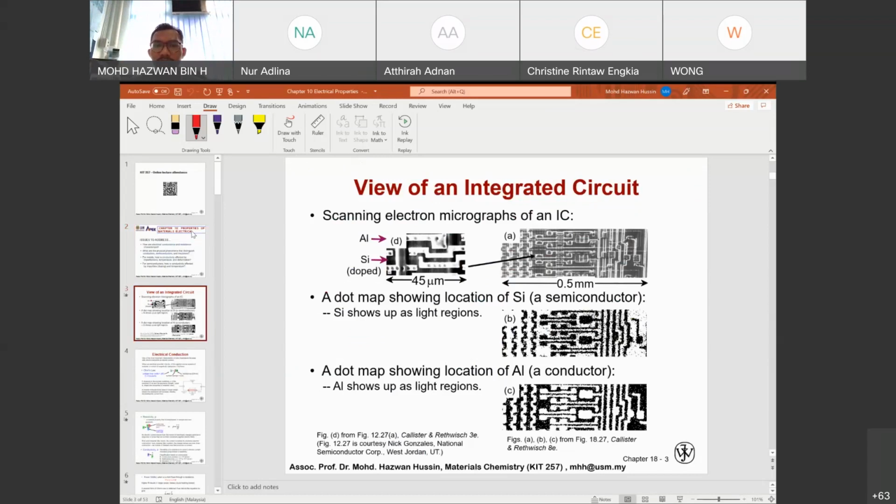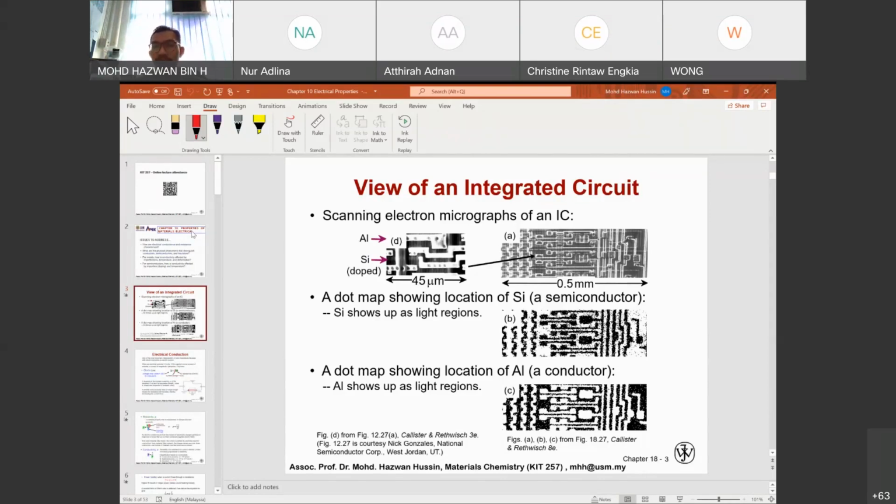So the scanning electron micrograph of an IC, IC is actually integrated circuit, not identity card. IC is actually integrated circuit. You can see in your IC there's a chip. So this is actually an integrated circuit.